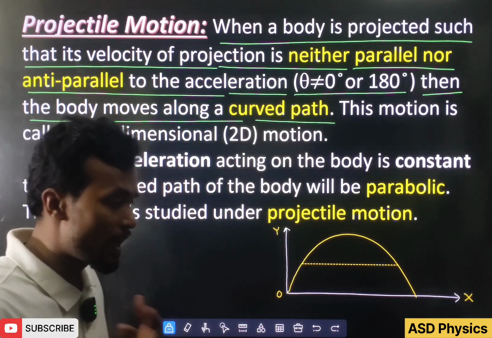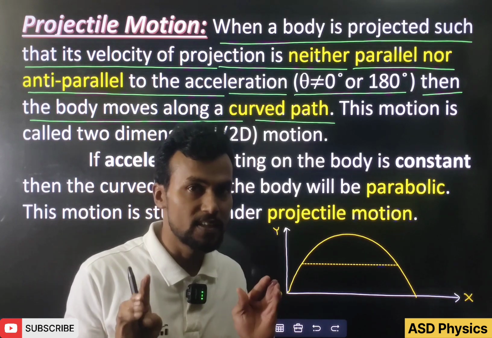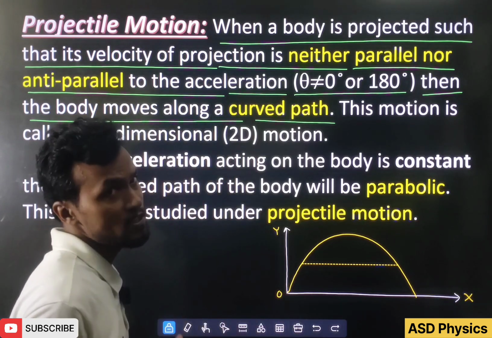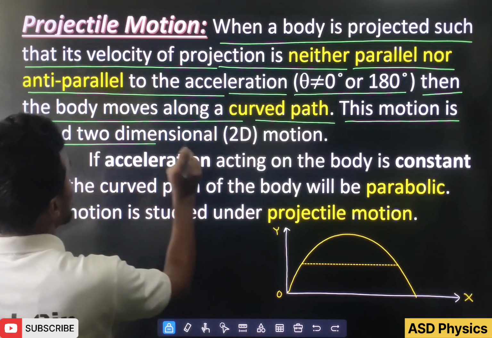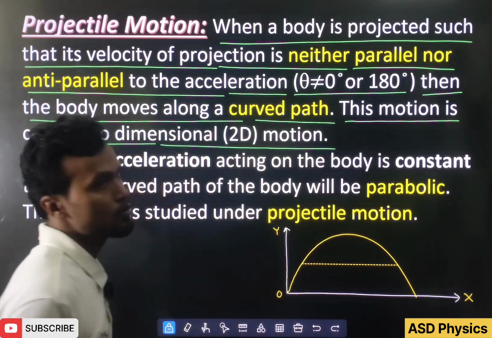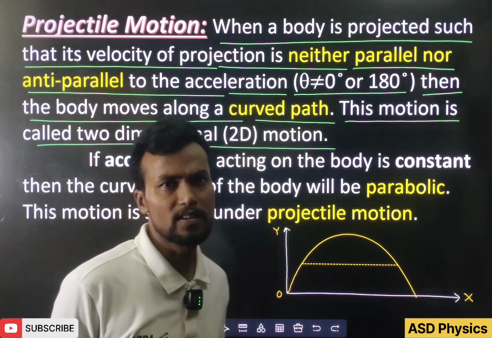Only then the body will move along a curved, 2D path. This motion is called two-dimensional or 2D motion. The same concept will be applicable for 3D motion also.